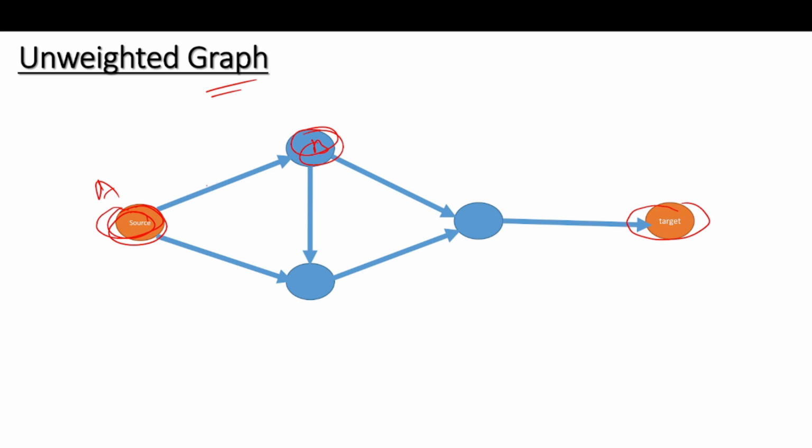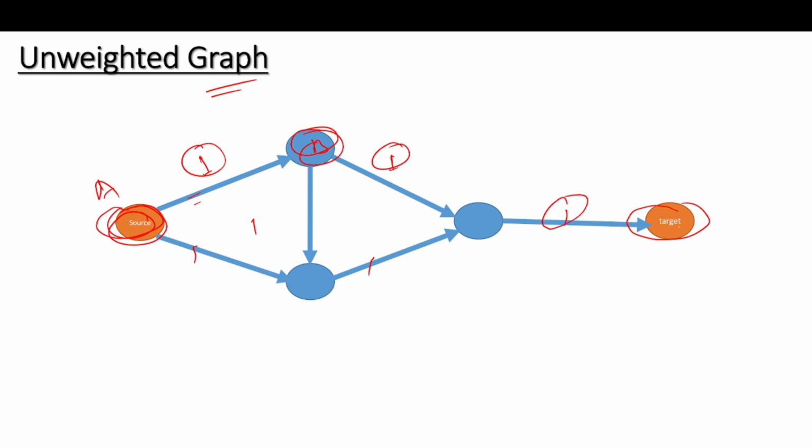Without weight or cost, it would not be possible to find the distance between these two nodes. So by default, we consider the weight or cost of the edges in an unweighted graph as 1. This means the distance between two neighboring nodes is treated as 1. If you put all ones here, from here to here it will count 1, 2, and 3.